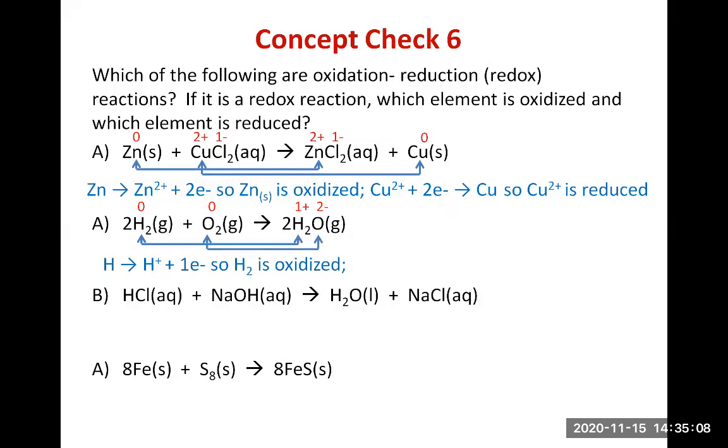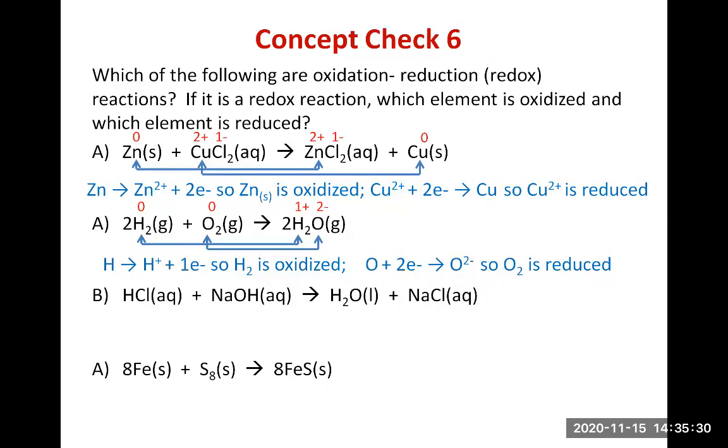For oxygen, we see that oxygen comes from a zero charge and becomes a 2- ion. So that means it has gained electrons. So it's oxygen plus 2 electrons gives O2-. We have now 2 negative charges on the oxygen. So it gained two electrons.